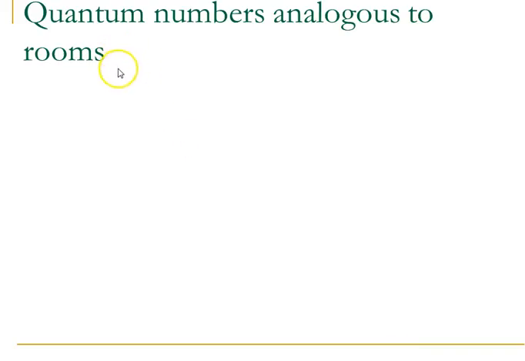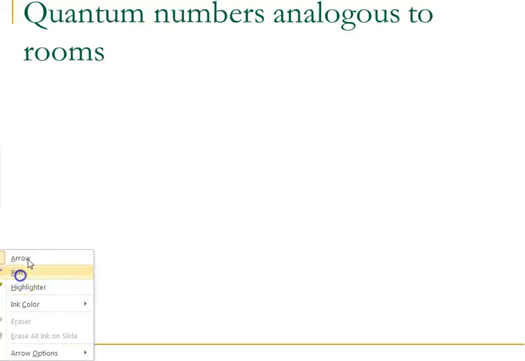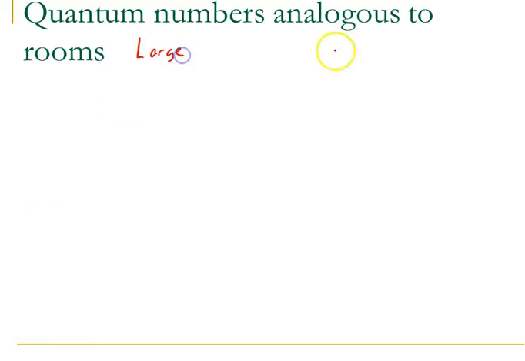So in the last slide of this particular presentation, we're going to look at an analogy that might help you understand what quantum numbers are actually looking at. What quantum numbers do, in a sense, is allow you to zoom in from a large scale to a small scale. As we go from large scale to small scale, the large scale would be, for instance, going from energy level to orbital, with sublevel in between.